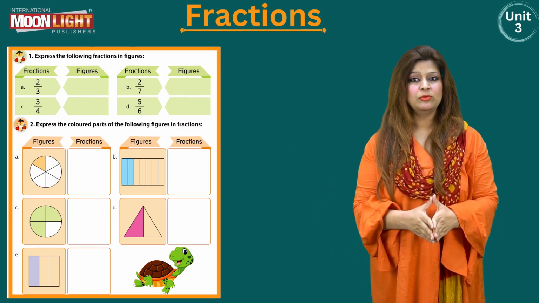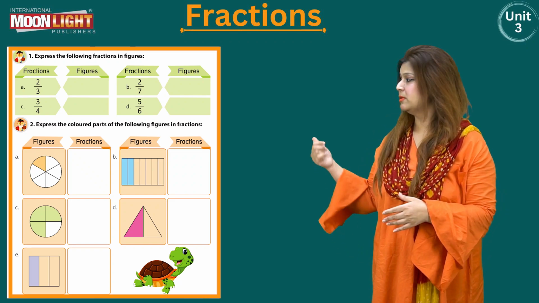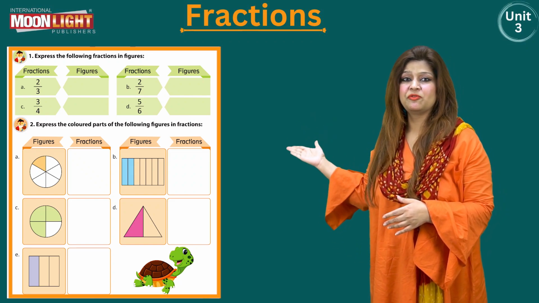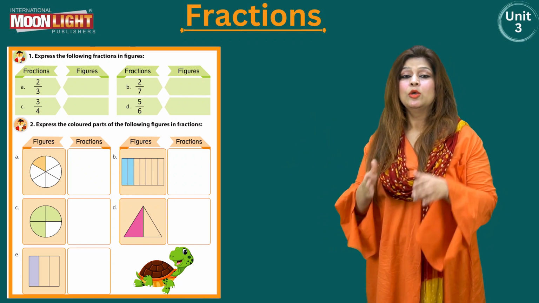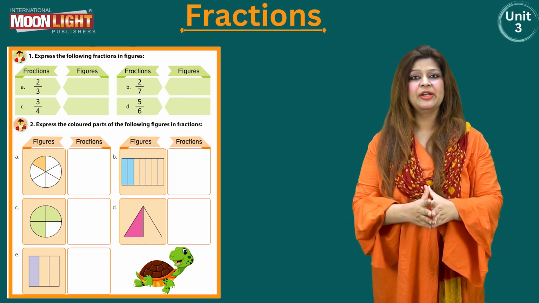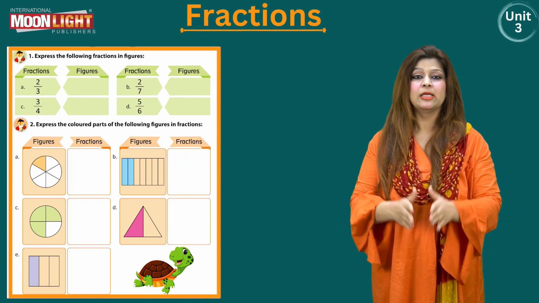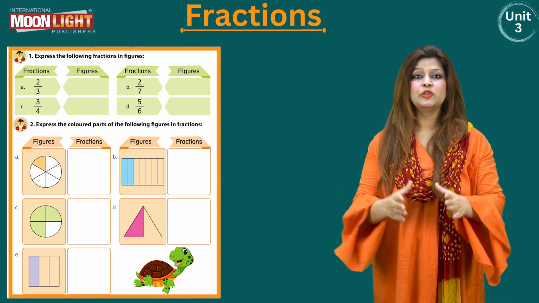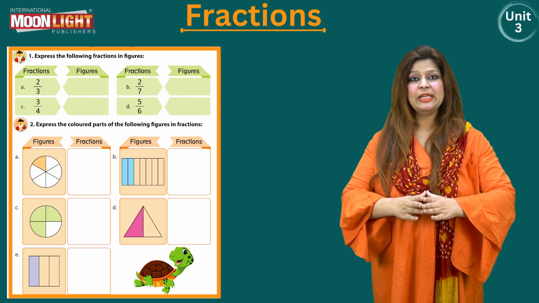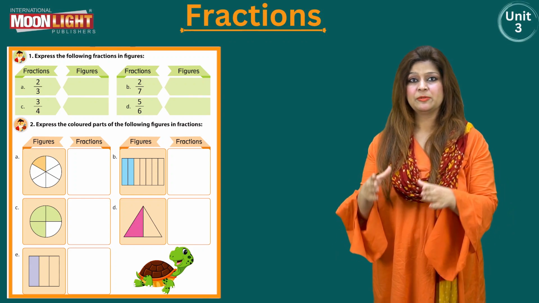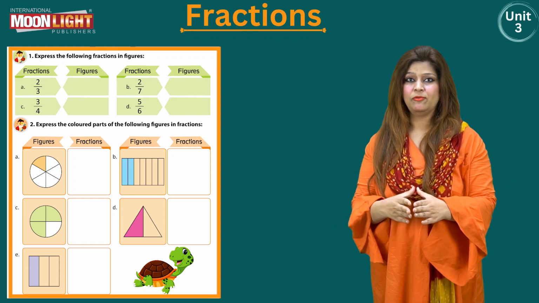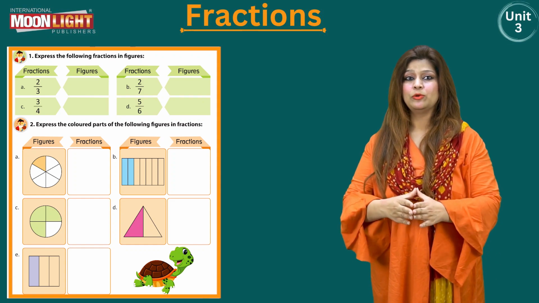Now check out the next example. The next example is: express this figure in fraction. So I have a figure, meaning a shape which is divided into equal parts, and this is showing a fraction. I need to write the numerical form of the fraction. So what to do?